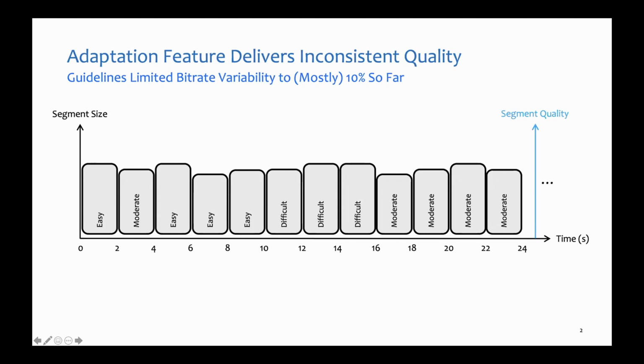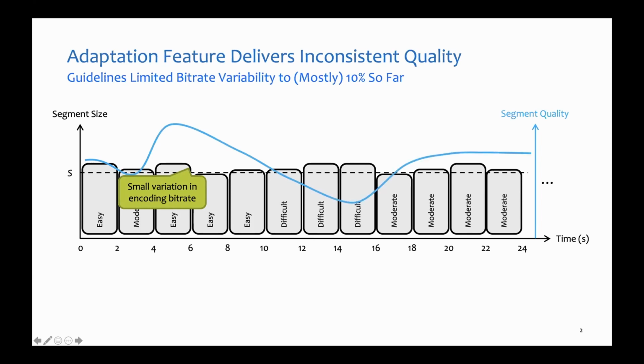However, natural content is not really the same in the temporal domain, and the segments have different complexities and different amounts of motion. So when you look at the segment quality, if you keep using the same number of bits per segment, your quality might vary significantly.